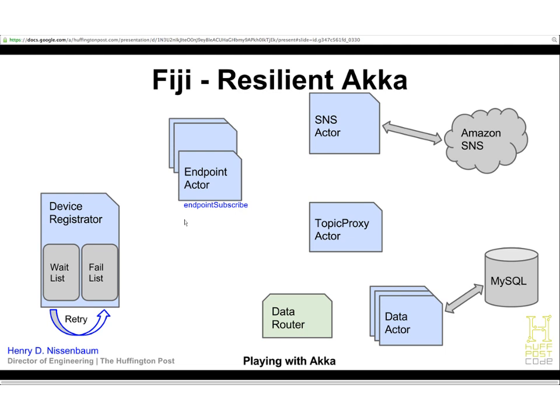Again, you see that one state was relatively simple. Now the endpoint subscribe state is waiting for a couple of messages back, and the ordering shouldn't matter. Remember, these are all asynchronous and can respond in any particular order. We get the subscription lookup response, in which case we unsubscribe from the SNS actor. The SNS actor responds to that message.